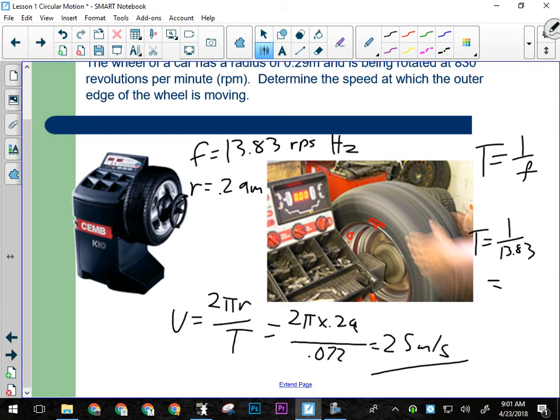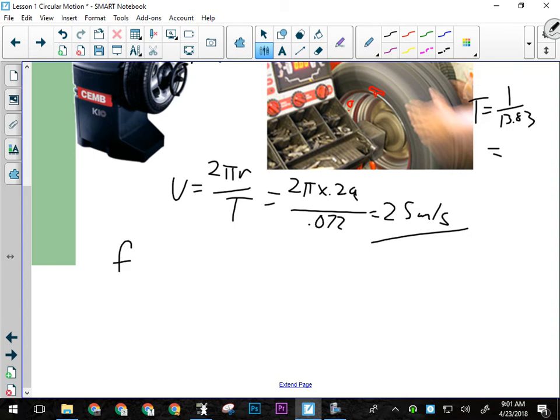Could I have altered this formula so I didn't have to do this? If t is 1 over f, then f is 1 over t, if I manipulate that formula. So if I know that this is 2 pi r over t, is that the same as saying 2 pi r times 1 over t?